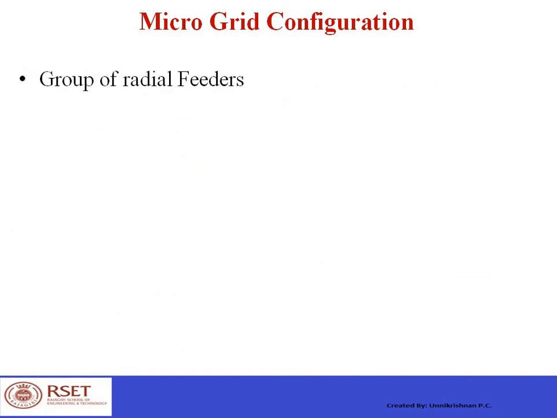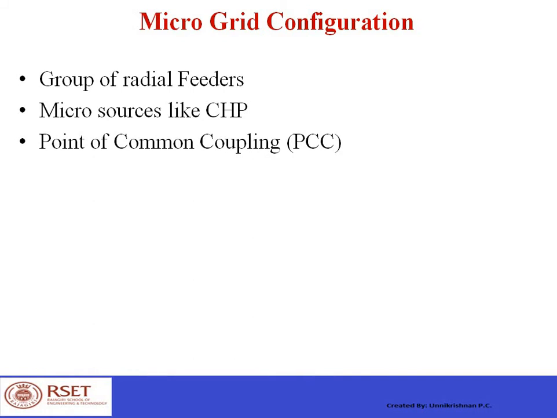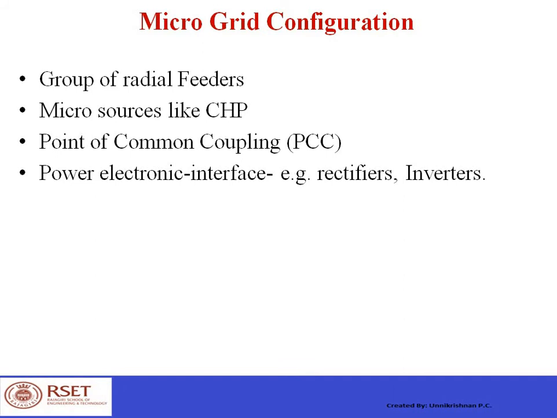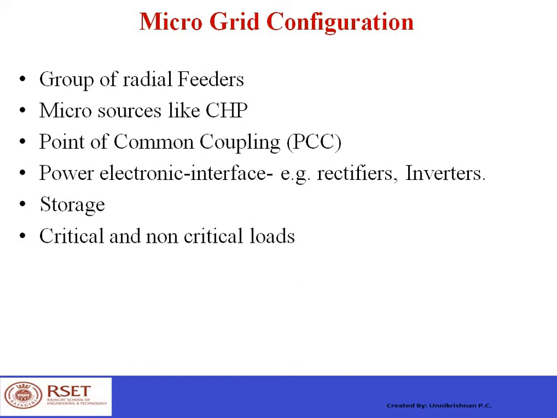So in general, a microgrid configuration consists of a group of radial feeders, micro sources like CHP or non-CHP, point of common coupling, a lot of power electronic interfacing devices, storage devices, critical and non-critical loads.